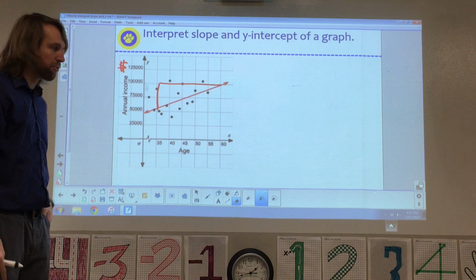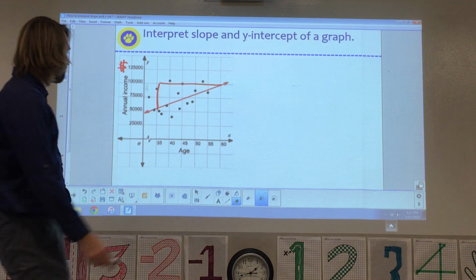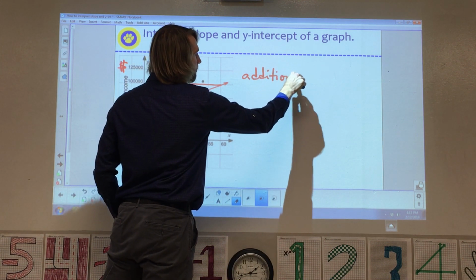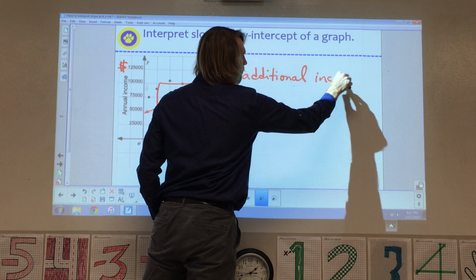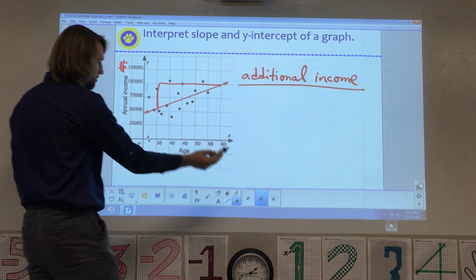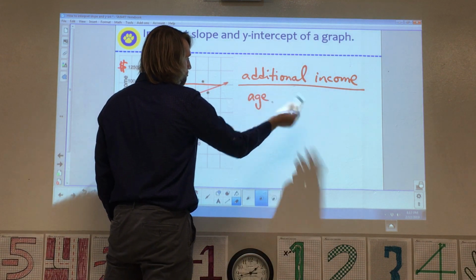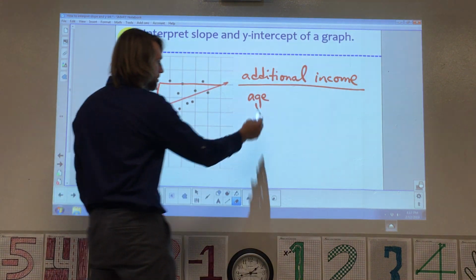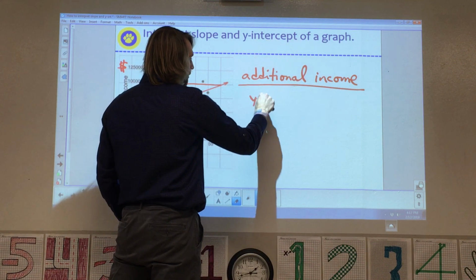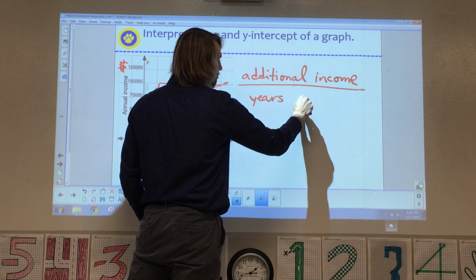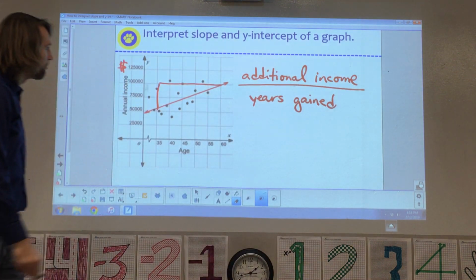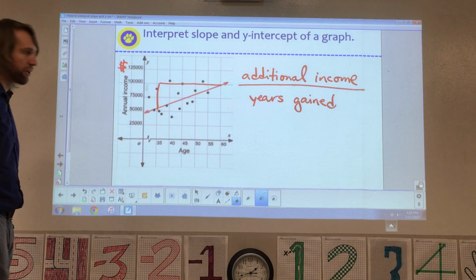Whatever I calculate the slope to be, that is the more income, or additional income, the y, per, and you can just write the word per, age increased, or age gained, or year increase. Your age is in years. So additional income per years gained or years increased. So we've got all of our slopes interpreted on all these problems.